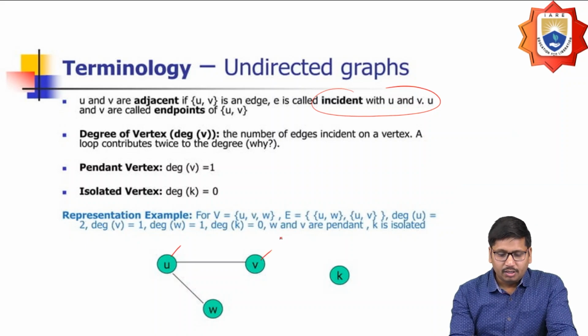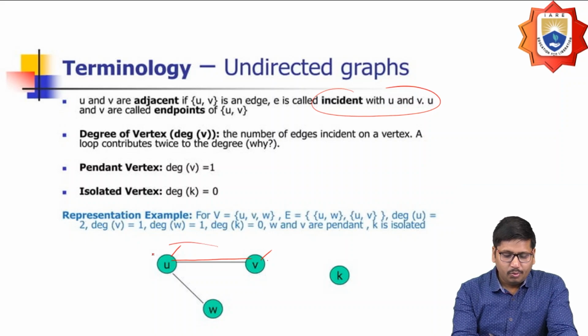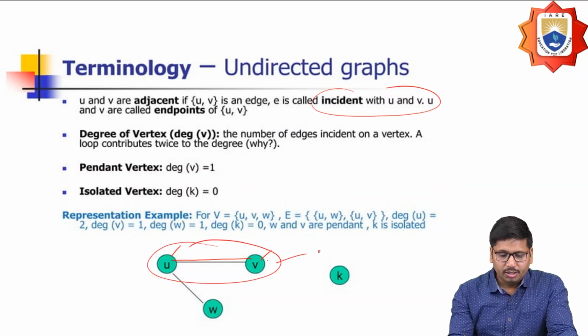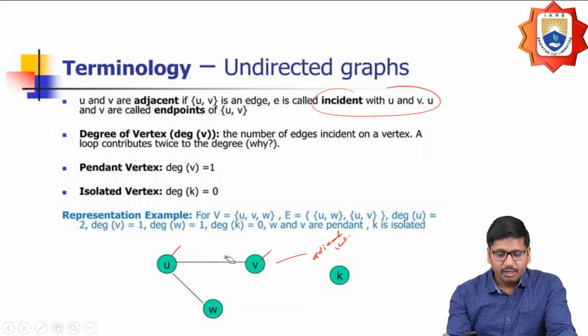Whenever an edge exists between the two vertices, that edge is incident with U as well as V, where U and V are the endpoints, and then I can say they are adjacent vertices.